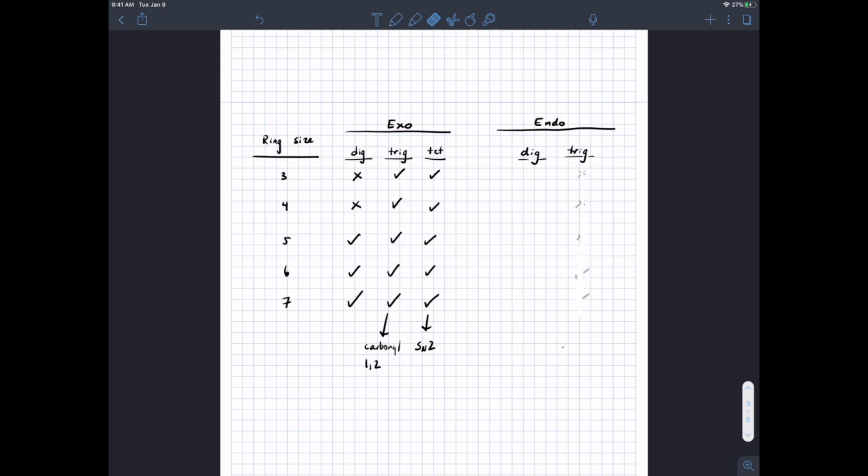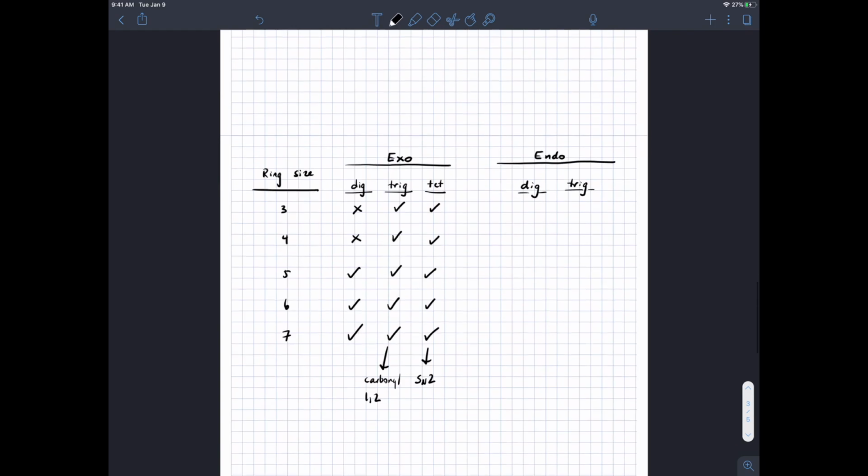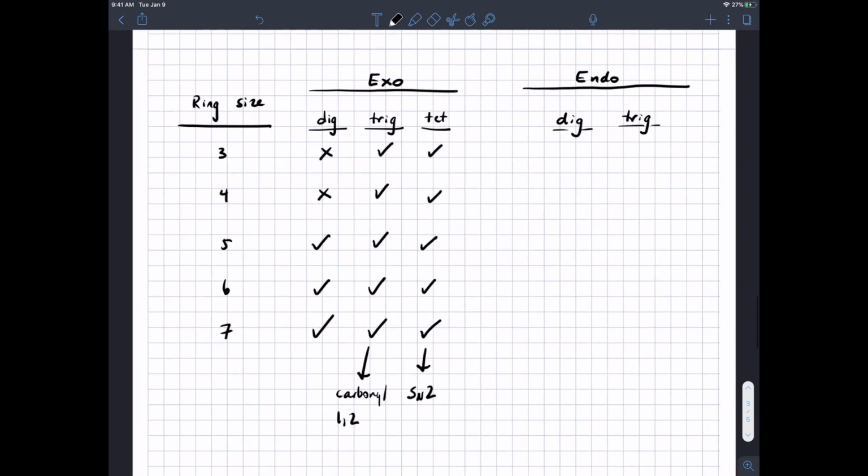So I'm going to just back up. And I'm going to say, surprisingly to me, I actually don't understand this. The table says that the dig cyclizations, that is where you're attacking an alkyne, are always favorable.